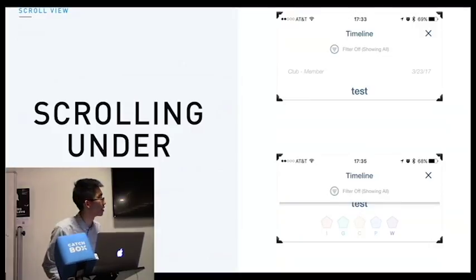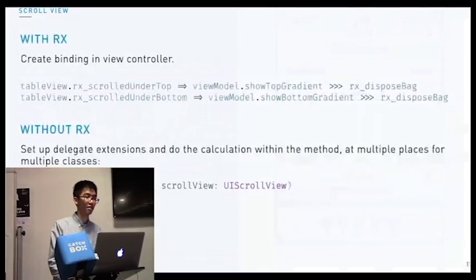We're going to show that in the extension section as well. Basically, whenever the table gets scrolled under the top, we're telling the view model to show the top gradient, and the view model tells the view to show the gradient. Without Rx, we have to repeat the code many times across different view controllers in the delegate method and do the calculation, which is not DRY at all.